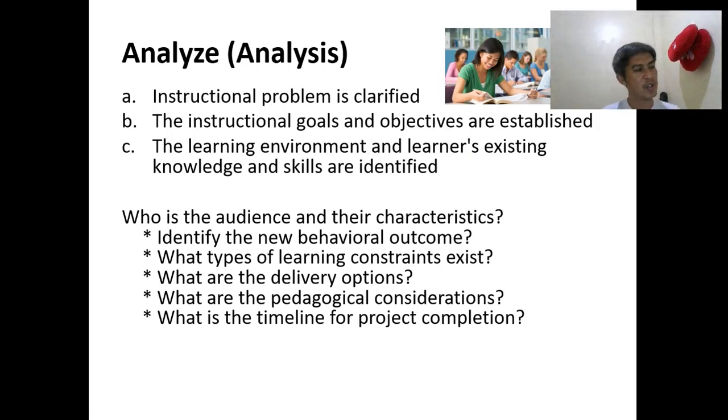Say you'll be teaching a new course and students come from another mathematics course. For example, they took math 1 already and now they will take math 2, and you'll be designing instruction there. Use the ADDIE.